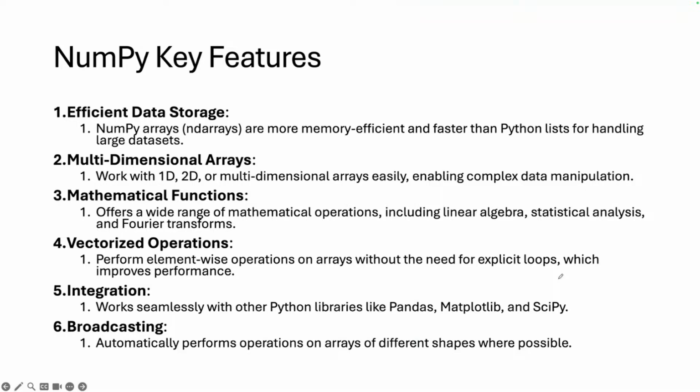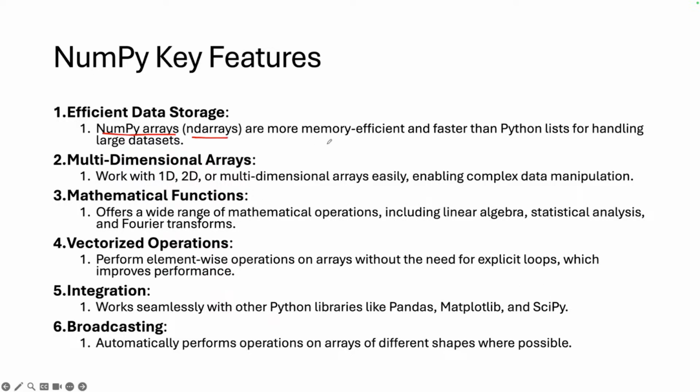Okay, so a couple of key features of NumPy: efficient data storage. Just as the core object in pandas that you stored your data in was a data frame, in NumPy it's arrays. So NumPy arrays are our core data objects.